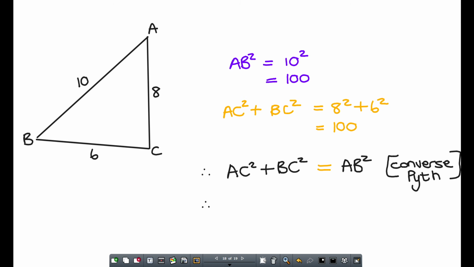So therefore, triangle ABC is a right angled triangle.